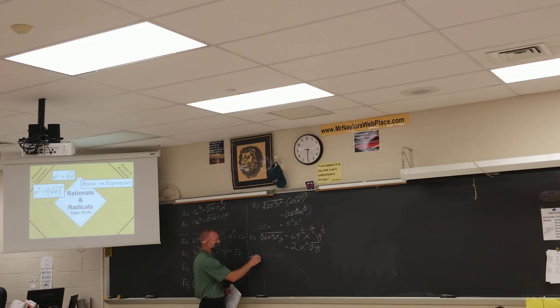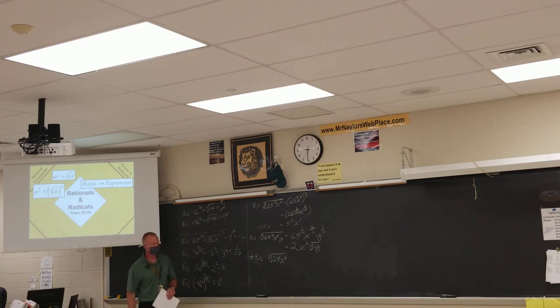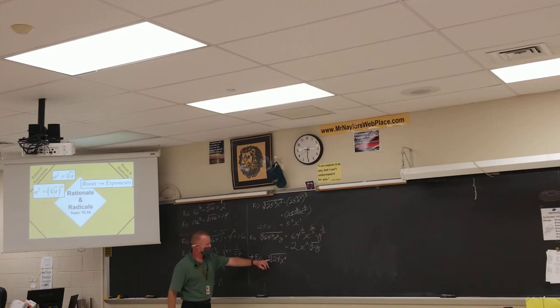I'm going to put a little star beside this one, just mainly to get your attention. It fits into this category, but you might argue that it requires a slightly different approach. This is the third root of 24x^8. Again, it's a little different approach.